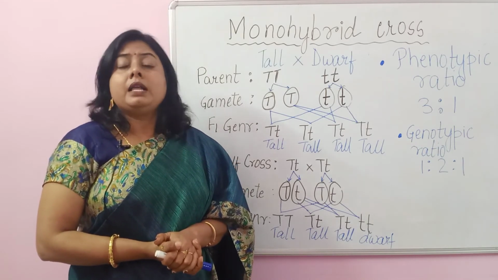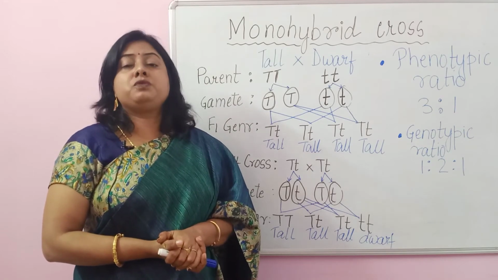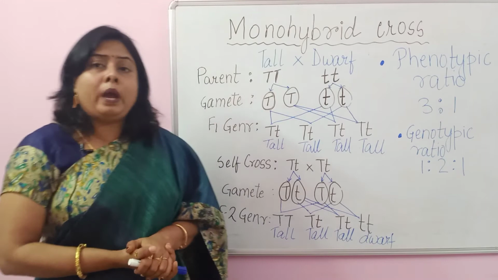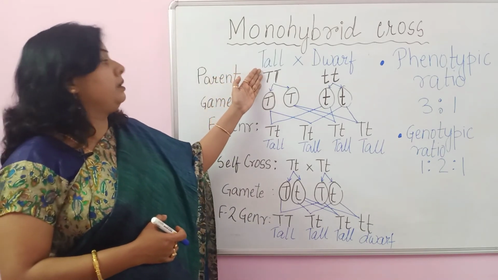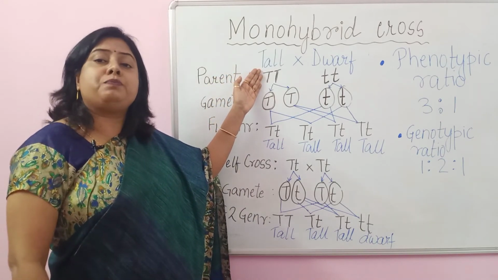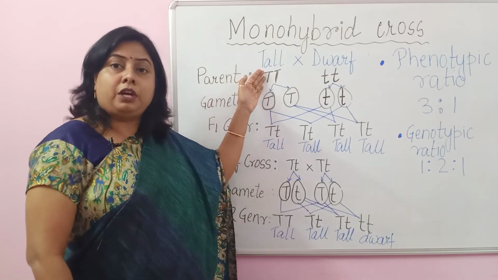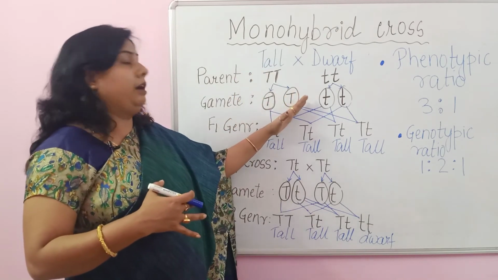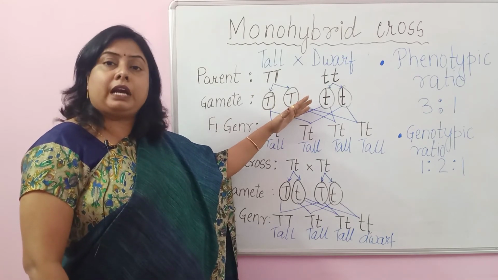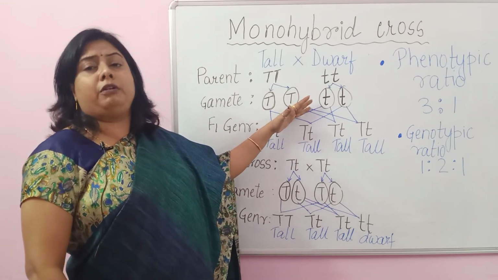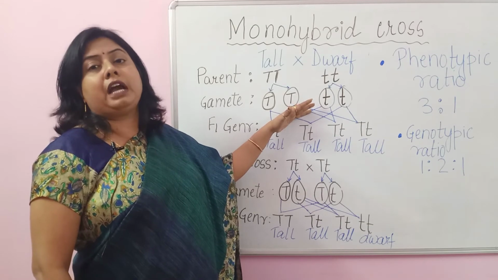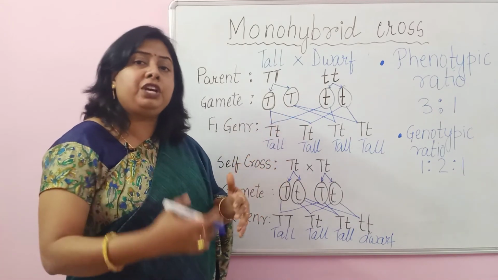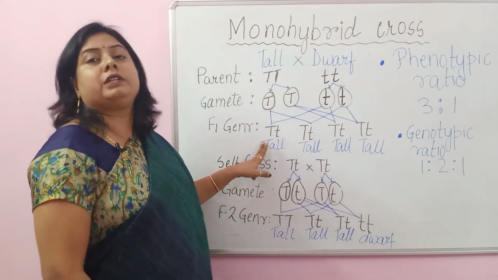This is the first principle of Mendel. The second principle, the principle of segregation, states that the factors for the contrasting pair of characters separate out from each other during gamete formation, and they again reunite upon fertilization.